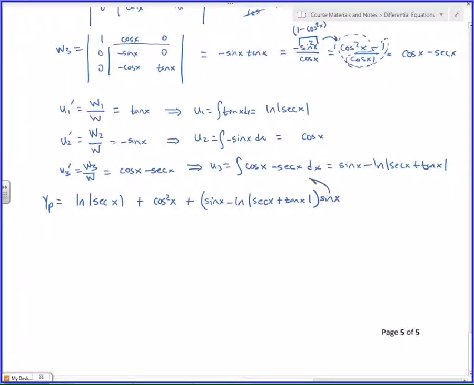Which we could then distribute, right? And then you get cosine x plus sine x. Exactly. So you actually have log of secant of x plus 1 minus log of secant of x plus tangent of x times sine of x, because of the sine squared plus cosine squared becoming that 1.